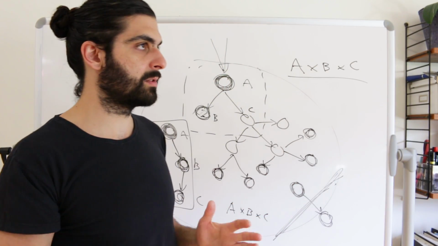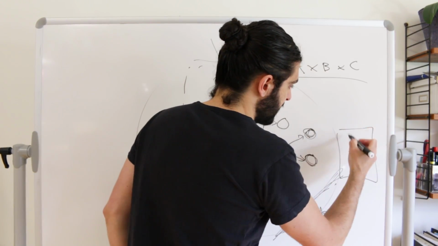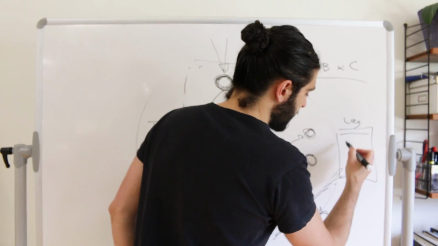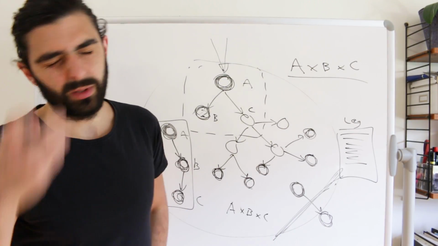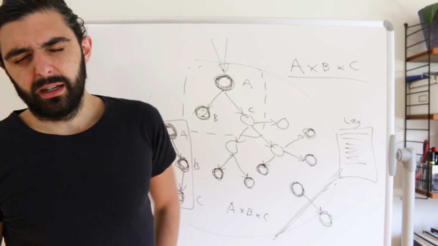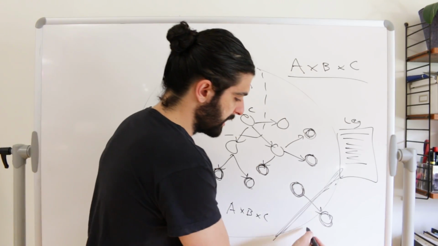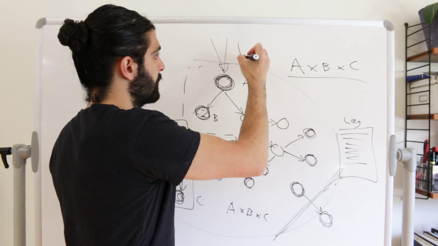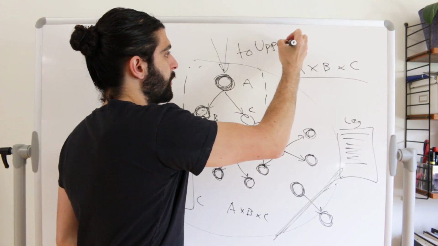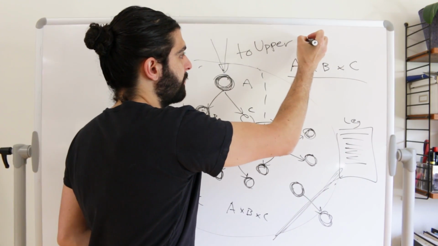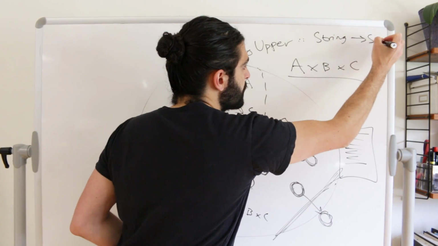We need to exhaustively specify the contract of, let's say, the leg class. Let's do something more simple. It's silly, but let's say we have ToUpper. ToUpper is a function that takes a string and produces a new string.